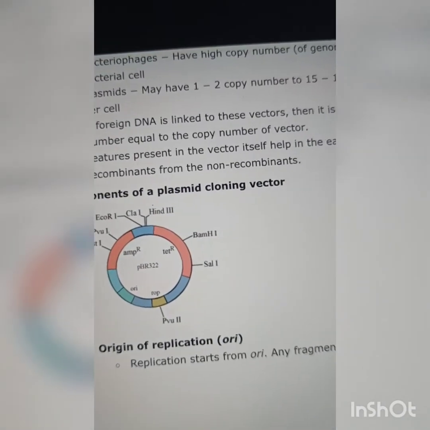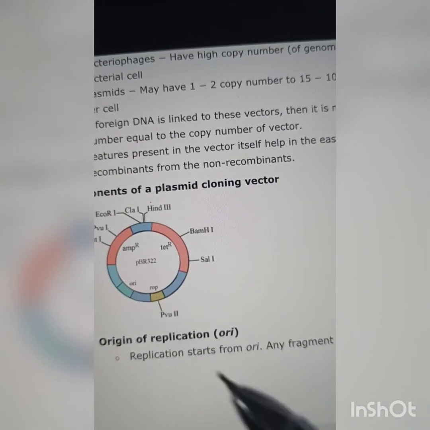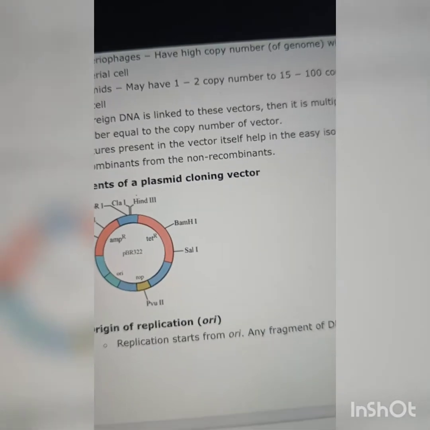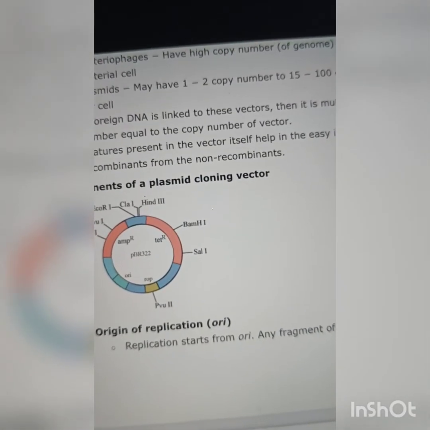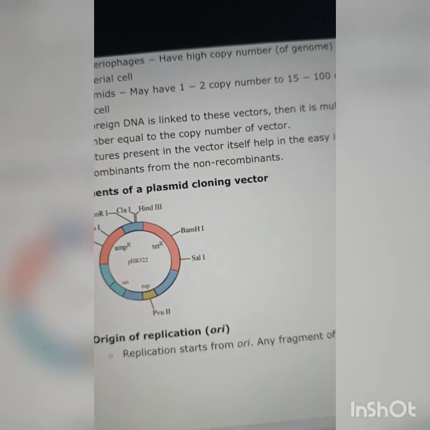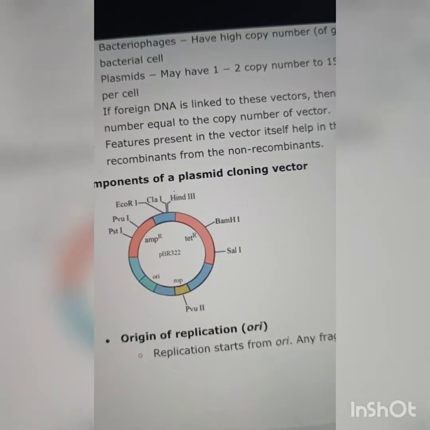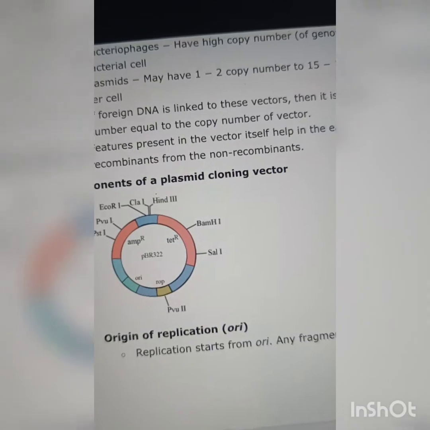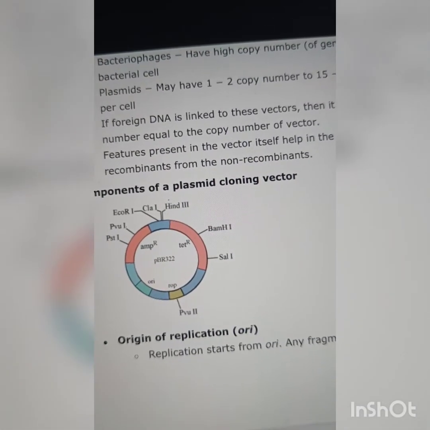And what is this ROP? They are playing just a very minor role in this. They are the proteins which are helping in the replication of this vector. This is not so very important.